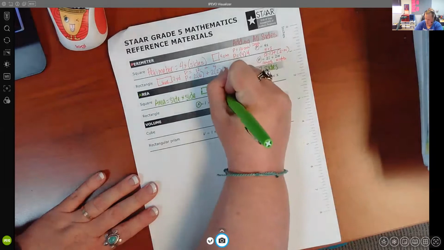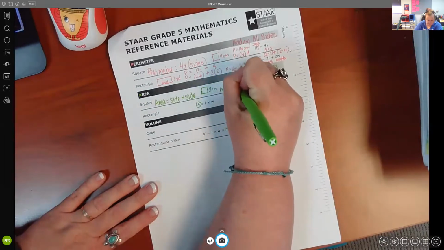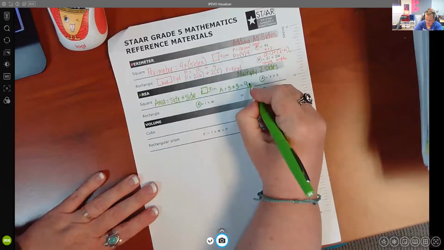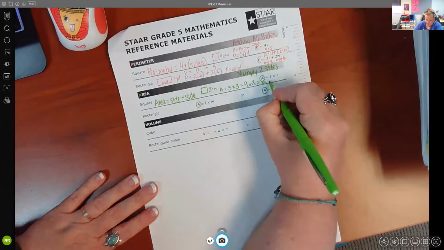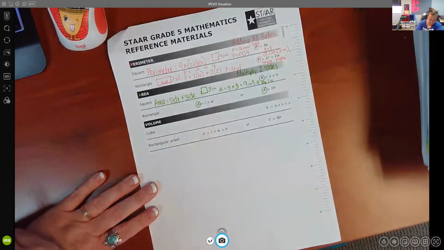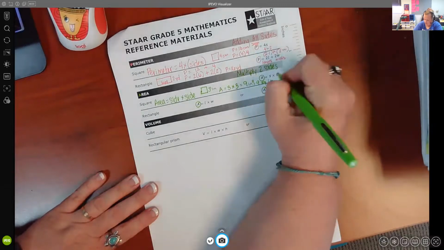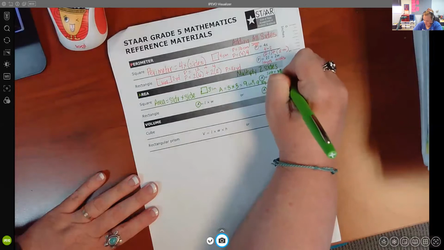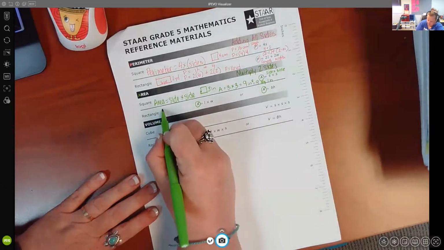So area equals 3 times 3, which gives us 9 inches squared, or 9 square inches. Okay, and S stands for side. So side times side.